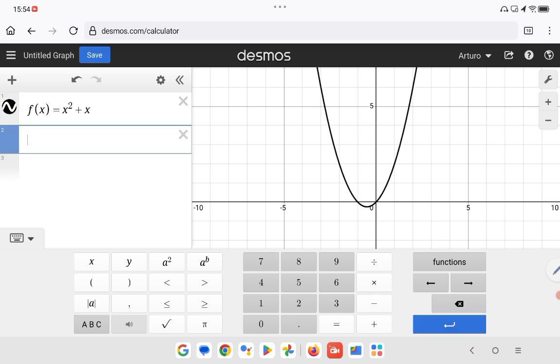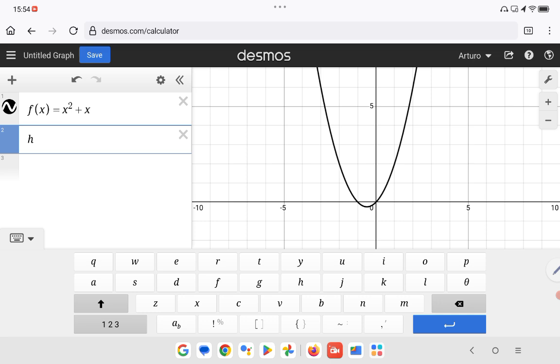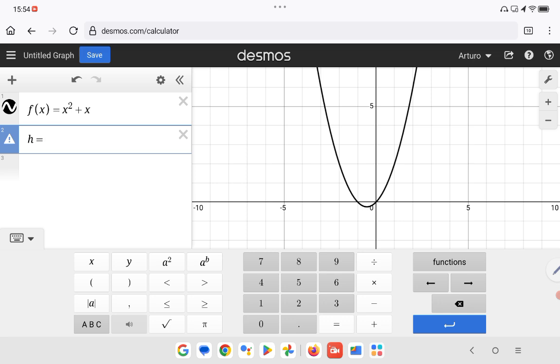And the next thing we're going to do is to create the delta of x, which doesn't have to be a list or a slider in this case.